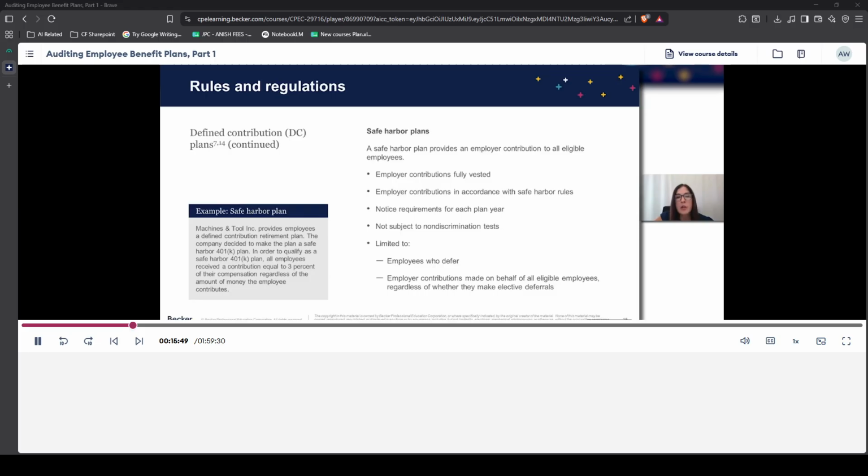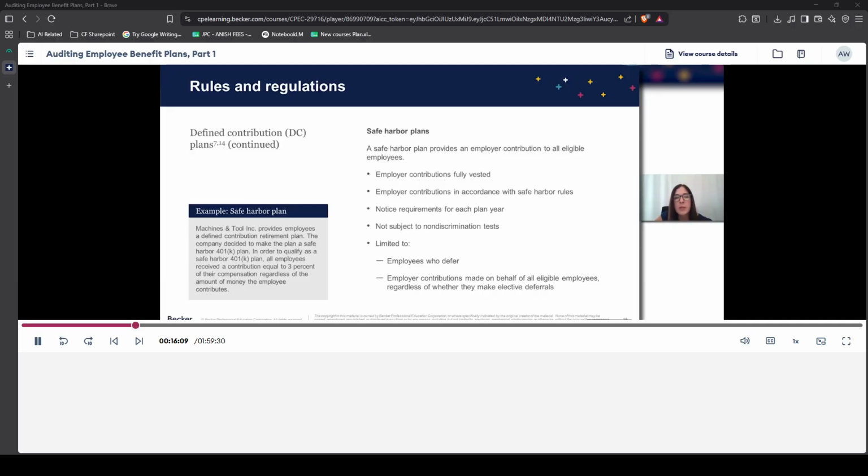With your defined contribution plans, you could also have something called a safe harbor plan, and a safe harbor plan is one that requires an employer contribution to all eligible employees. Now, generally, you'll see your safe harbor plans with your 401k plans.